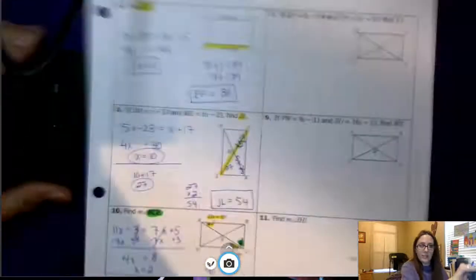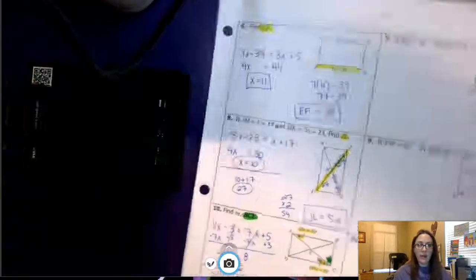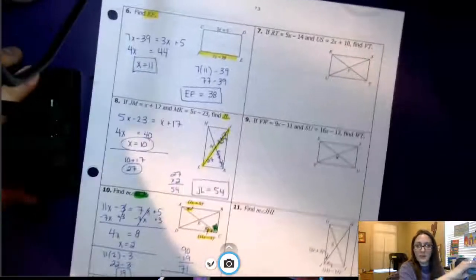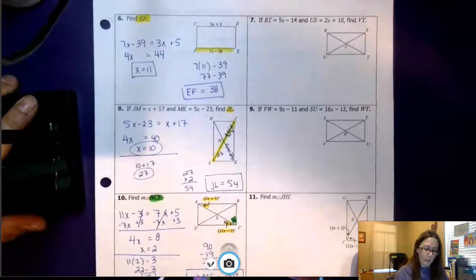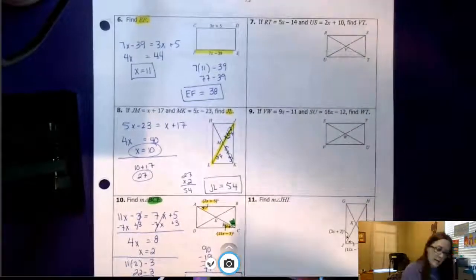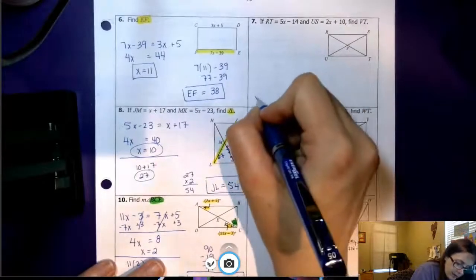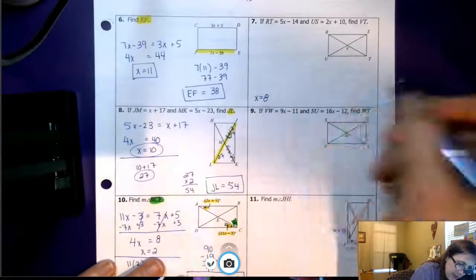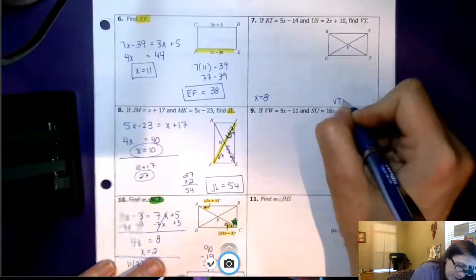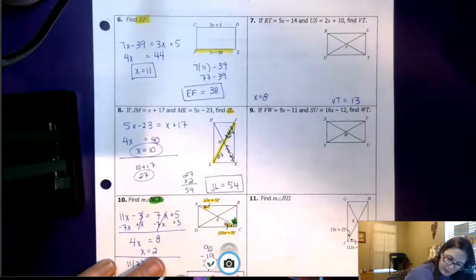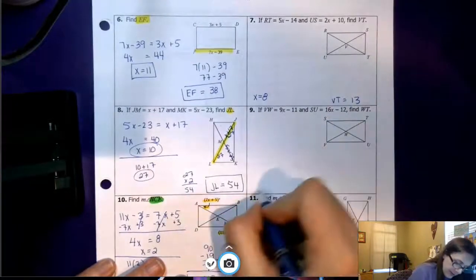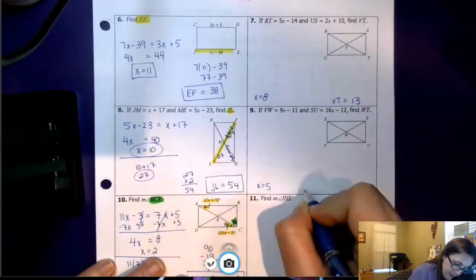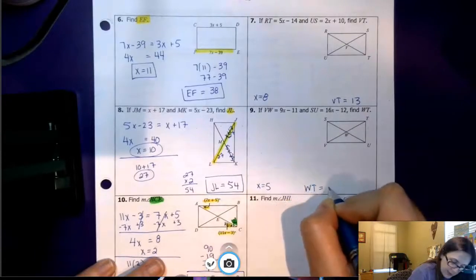Okay, now just so you can come back and check, maybe pause for a minute if you want and then do these other problems. I'm going to give you the answers. So here I have x equals 8 and VT equals 13. Here I have x equals 5 and WT equals 34.